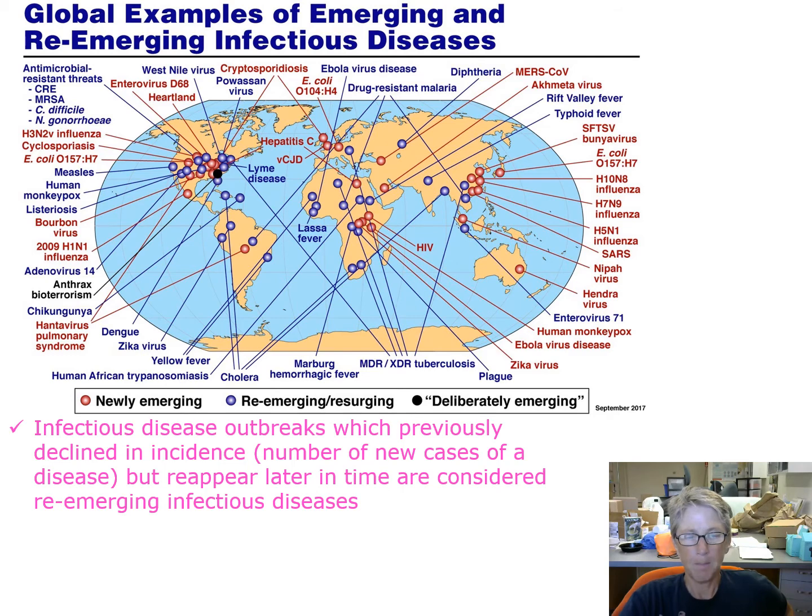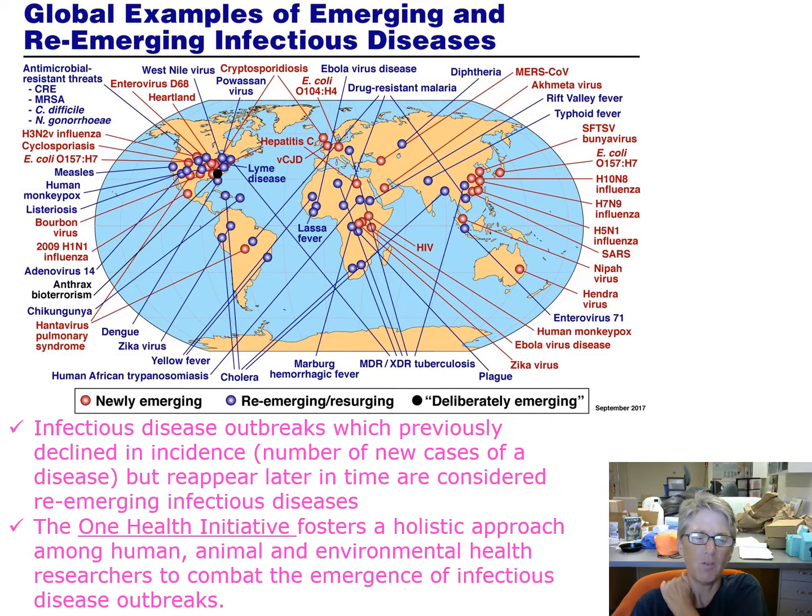Okay. And we just said this, but this is a different way to say what I just said on the previous slide. Infectious disease outbreaks which previously declined in incidence, but then maybe reappear later in time, that's a re-emerging infectious disease.